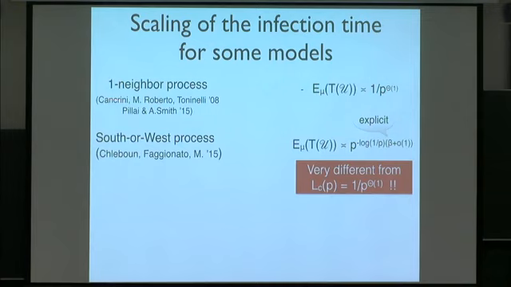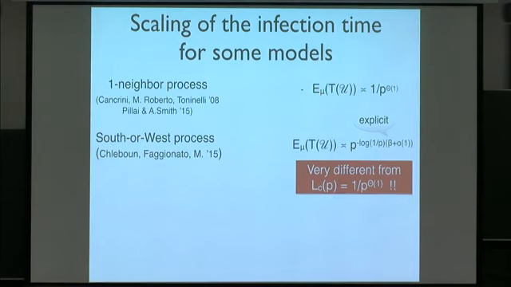Then these people also computed it in one dimension, and then in two dimensions, actually in any other dimension. Paul Chleboun, Alessandra Faggionato, and myself computed it precisely, and it has a new form that we didn't encounter before in the Bootstrap process. And actually, we were able to compute exactly the constant multiplying this log.